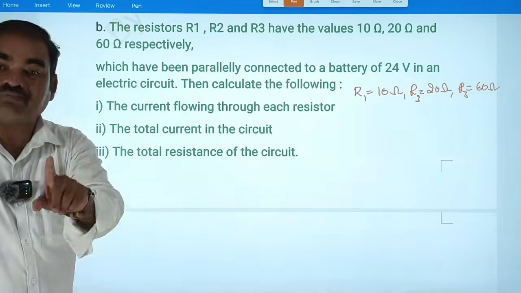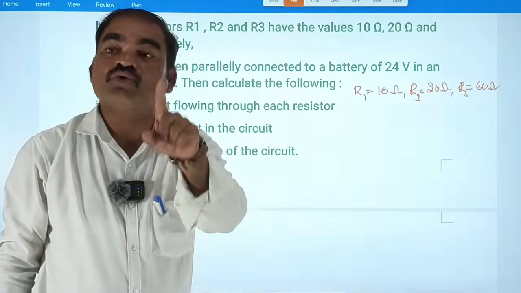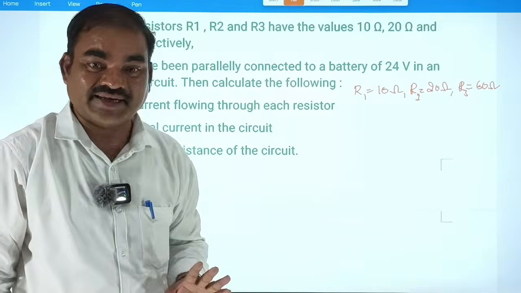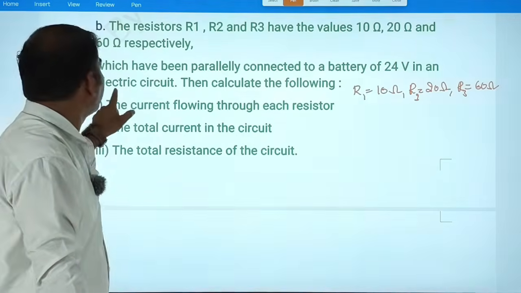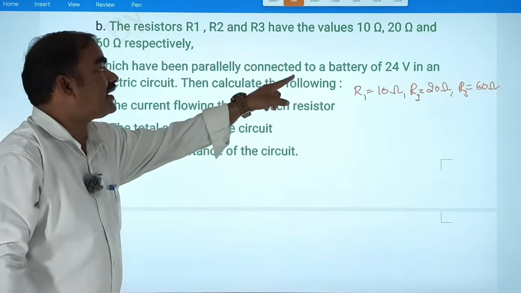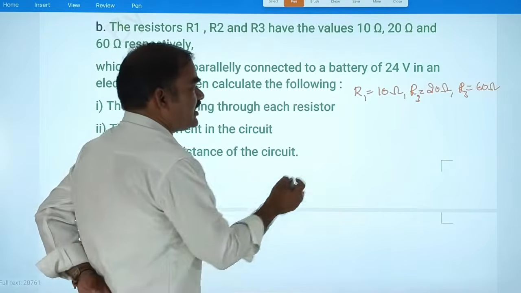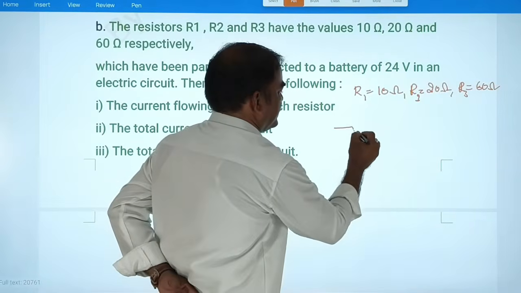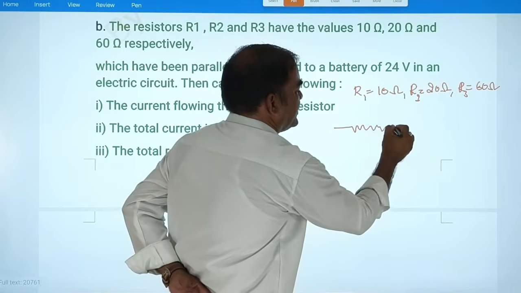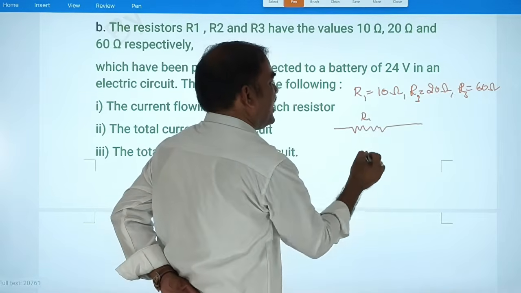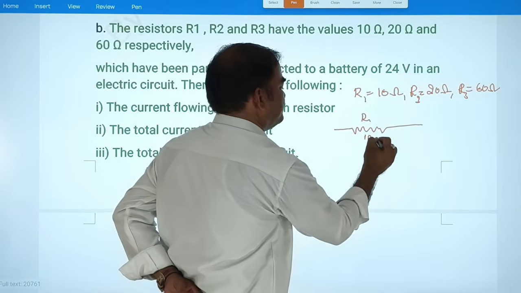In this example, I am going to tell you how to draw the circuit diagram also. Here, they have been connected in parallel to a battery of 24 volt. First, we'll draw the resistors. So it is R1, which is 10 ohms.